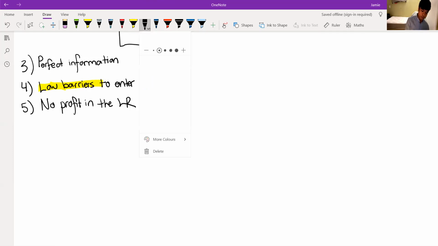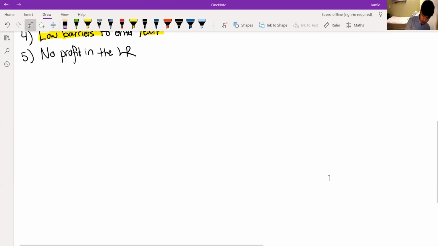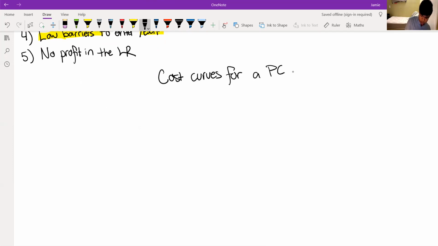So, cost curves for a perfectly competitive firm.